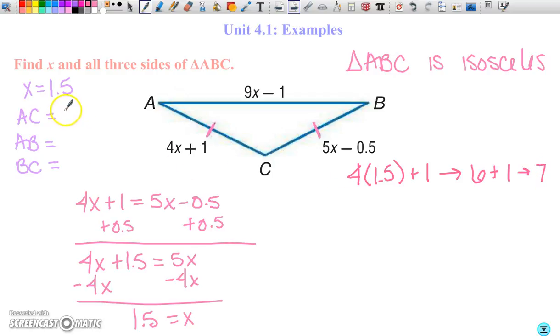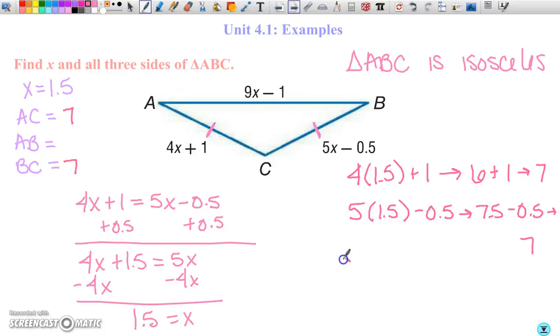So AC comes out to 7. Now, if we have the correct x value, BC should also come out to 7. So 5 times 1.5 minus 0.5. Well, 5 times 1.5 is 7.5, and if we subtract 0.5 from that, we get 7. So it did come out as 7, so we know that we have this correct.